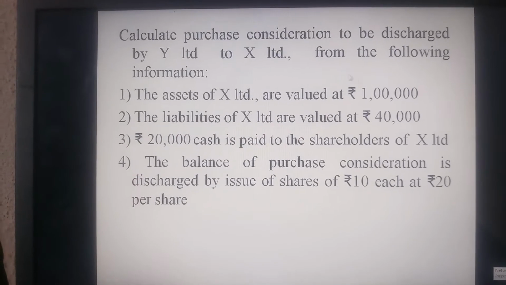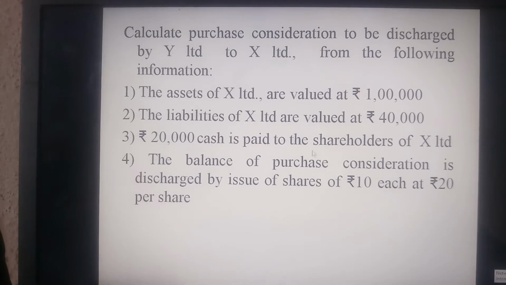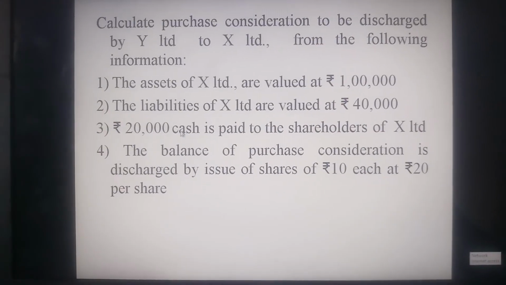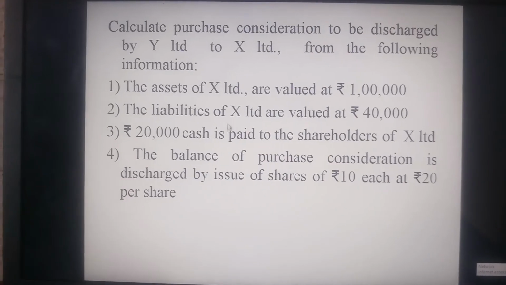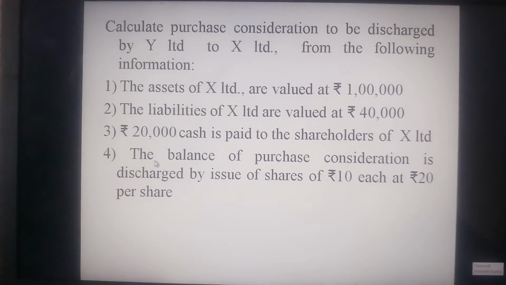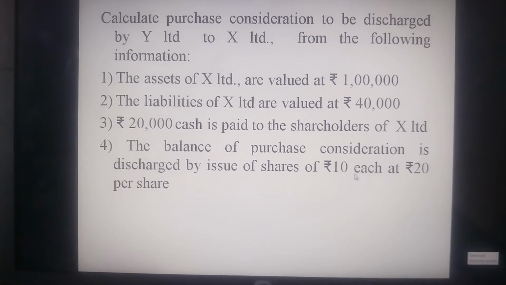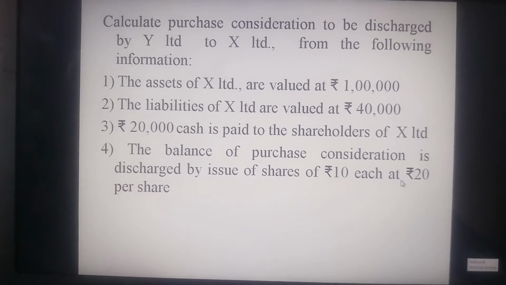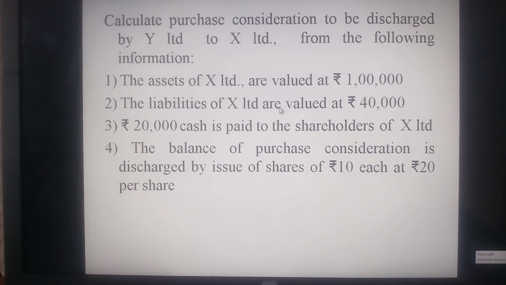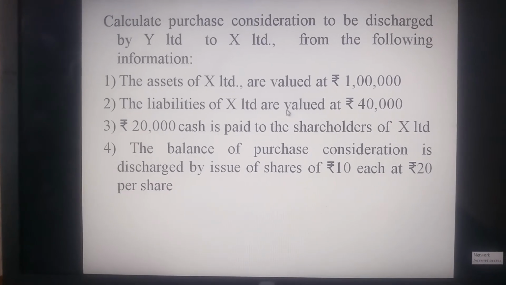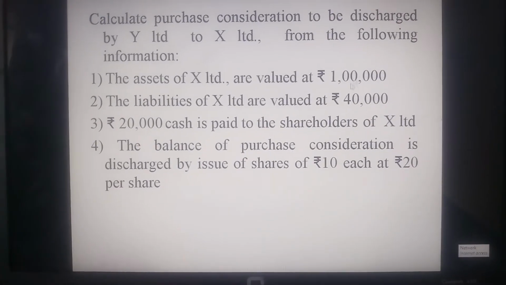Asset value of X Limited is given as well as the liability value of X Limited. 20,000 rupees cash is paid to the shareholders of X Limited. The balance of purchase consideration is discharged by issuing shares of rupees 10 each at rupees 20 per share. So this would be the problem. Asset and liability value of X Limited is given, that we have to compare, and the remaining value we treat as the purchase consideration.